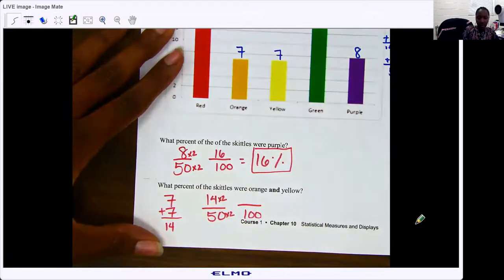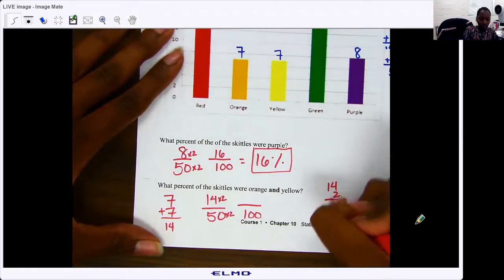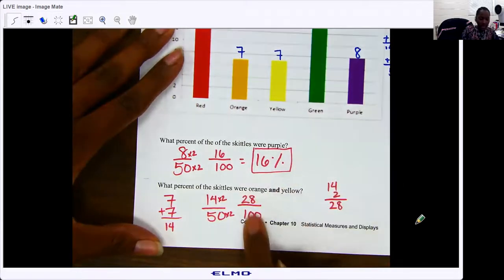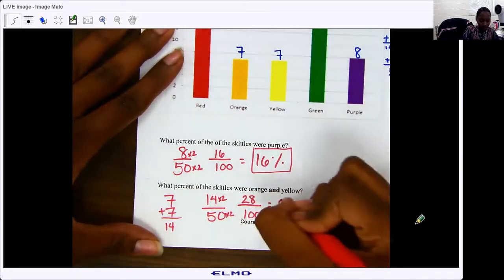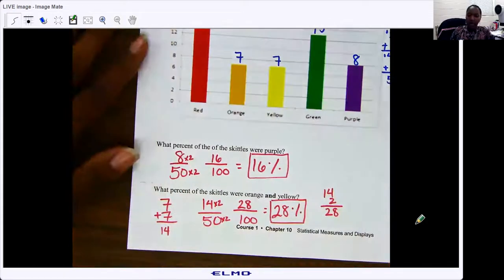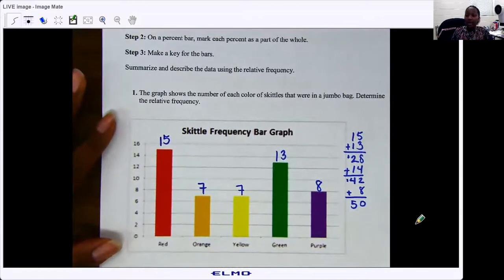So we need to do times 2 on the top. 14 times 2 is 28. 28 out of 100 is 28%. Okay. All right, ladies and gentlemen, that is relative frequency from a graph.